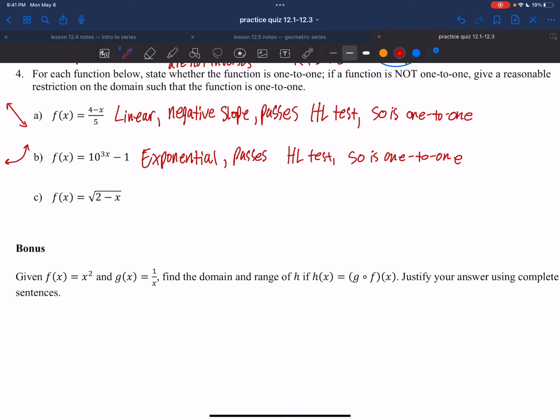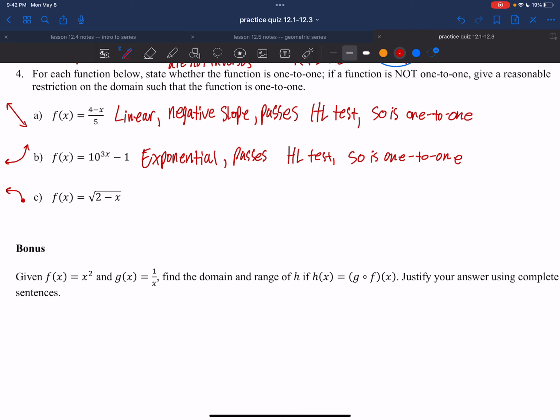The last one. State whether the function is 1-to-1. Yes. Oops. This isn't a very good practice quiz. Okay, here's the reason.